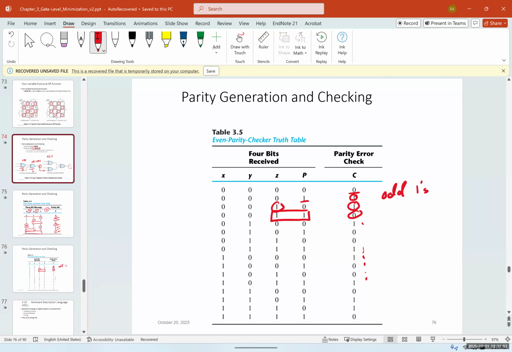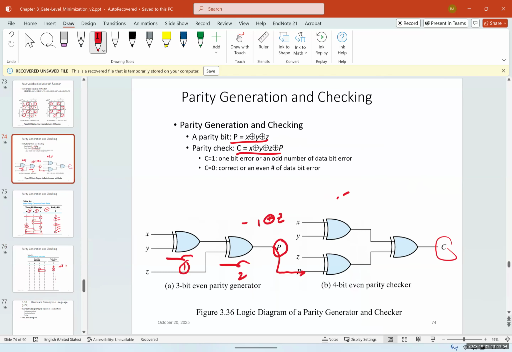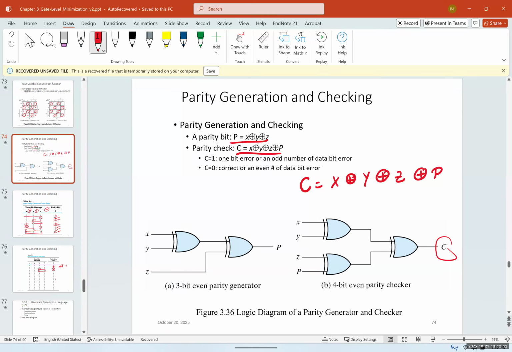Now to practice this, let's actually solve a problem. Imagine we have these 2 circuits, and C is equal to X XOR Y XOR Z XOR P. And X is 1, Y is 0, Z is 1.